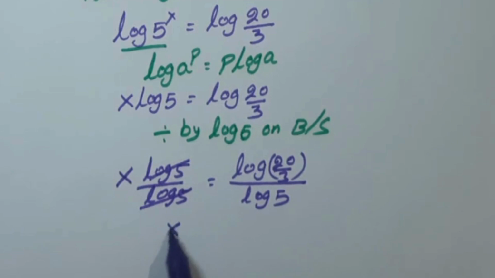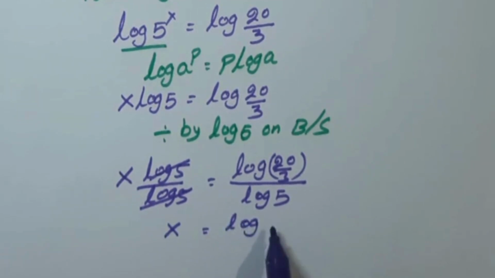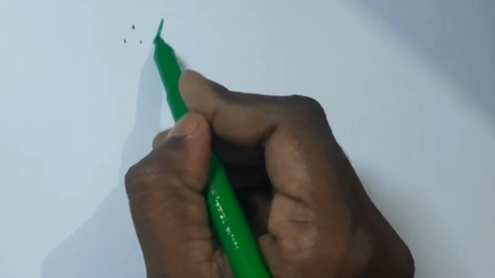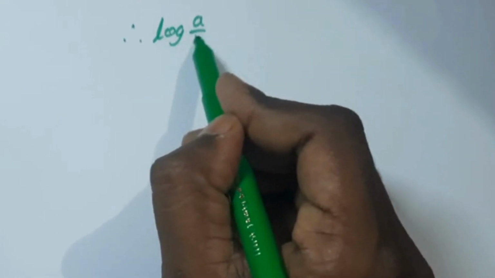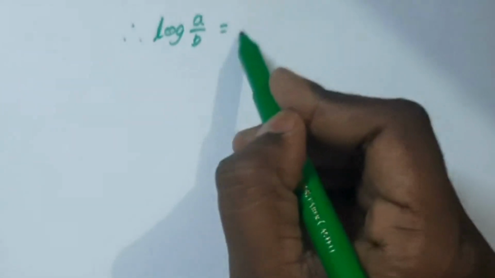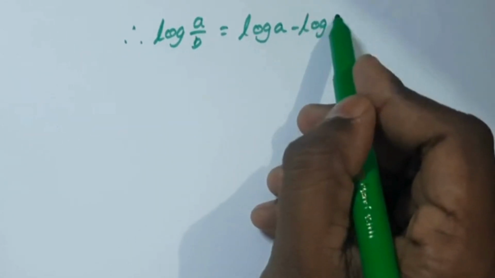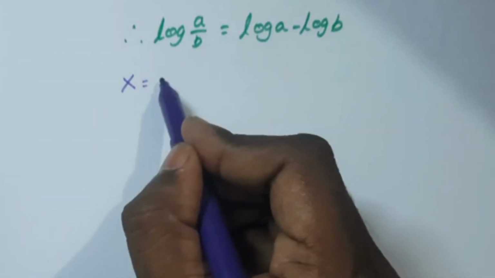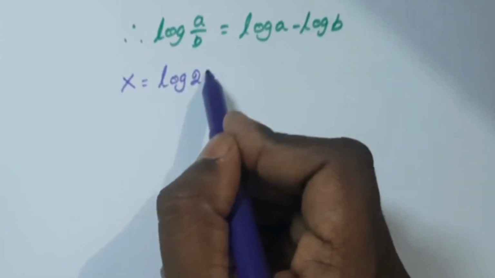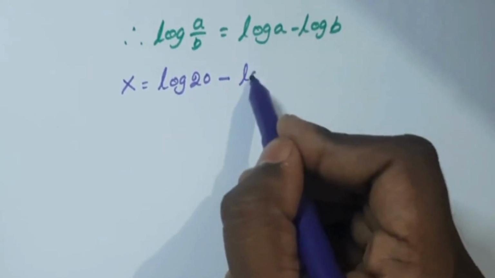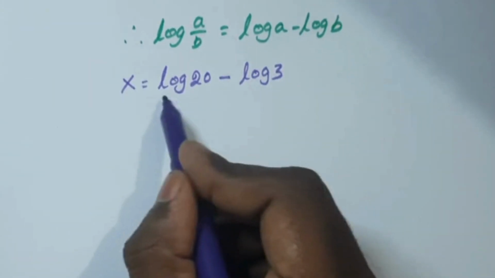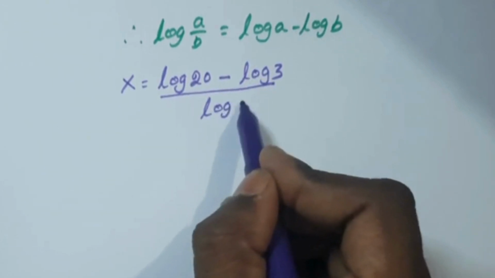So we have x equal to log 20 by 3 by log 5. Therefore, we know the formula that log a by b equal to log a minus log b. X equal to log 20 minus log 3 divided by log 5.